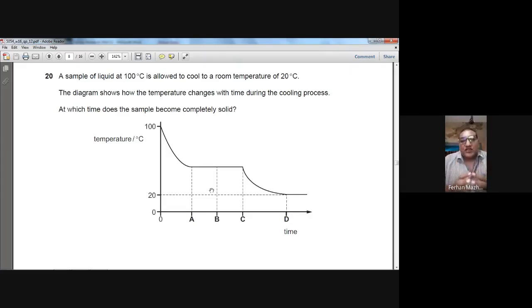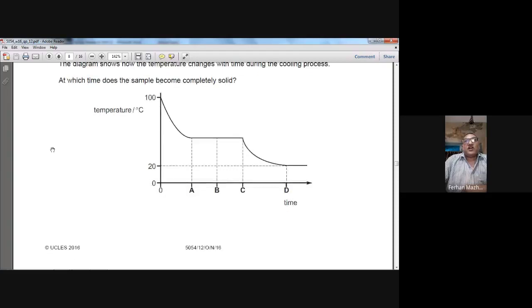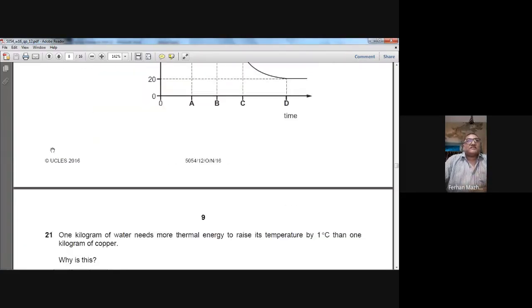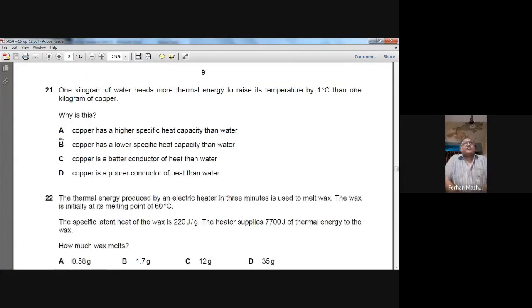We know that during the process of solidification for a pure substance, the temperature will not change. The temperature will start dropping once again once it has completely converted into solid. He asks at which point it is completely solidified. So C is the option for question number 20. At what time does the sample become completely solid? At point C.